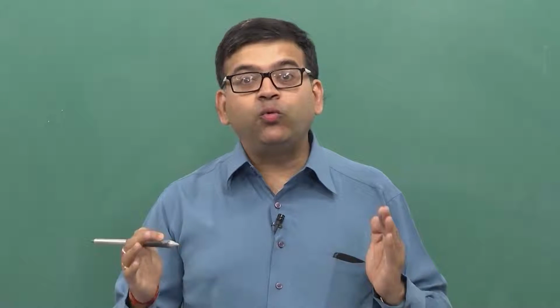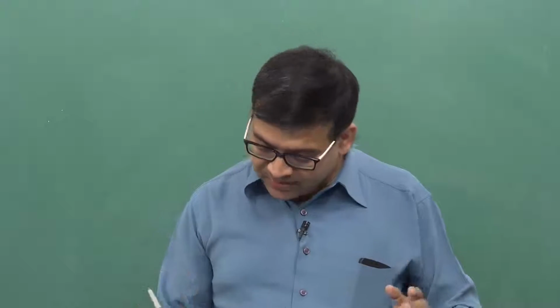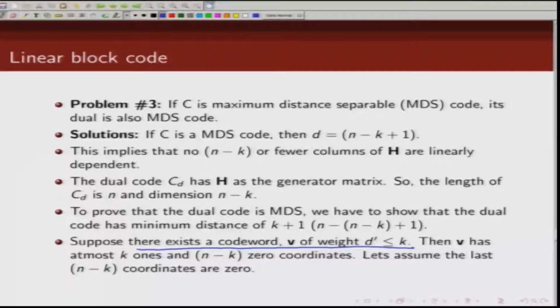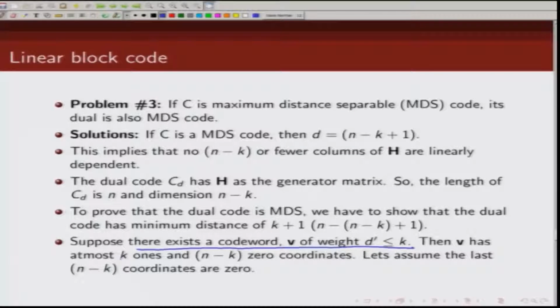That the code word v will at most have k ones. So, our code word v is an n bit code word. Out of this, at most k bits are 1, so the remaining n minus k or more bits are 0.